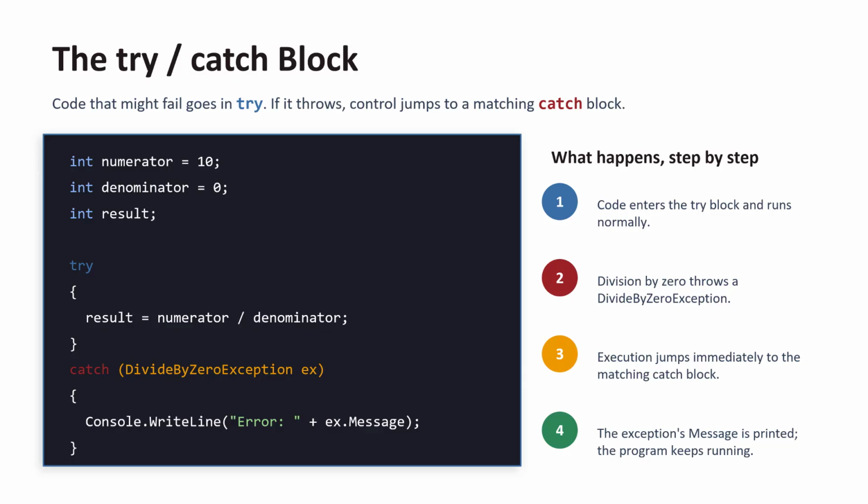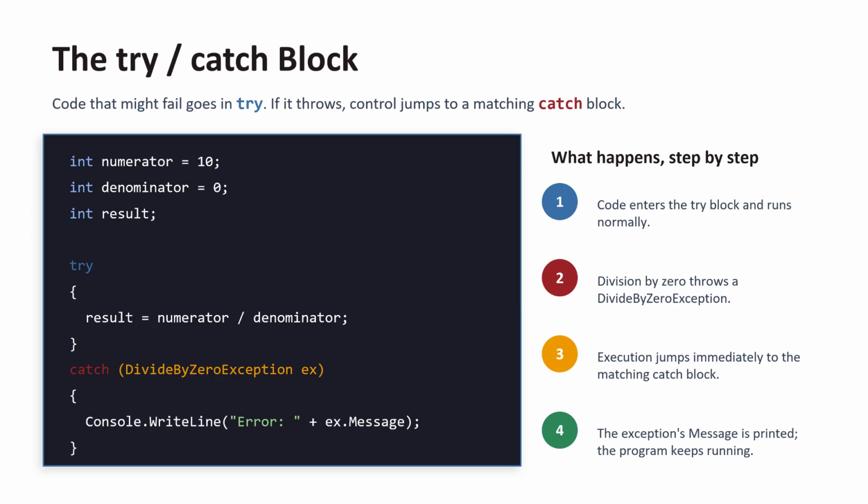So if we trace through exactly what happens: step 1, the code enters the try block and starts running normally, so nothing unusual yet. Step 2, the division by 0 actually throws the divide by 0 exception. Step 3, execution doesn't continue line by line inside of the try block anymore.